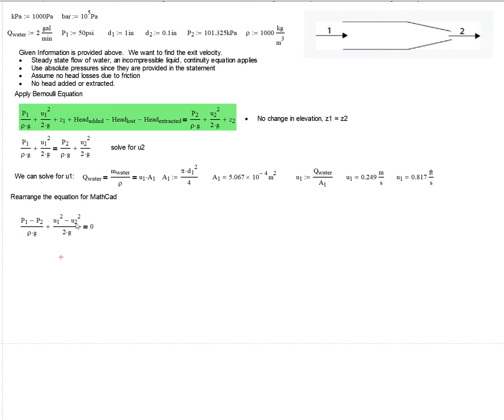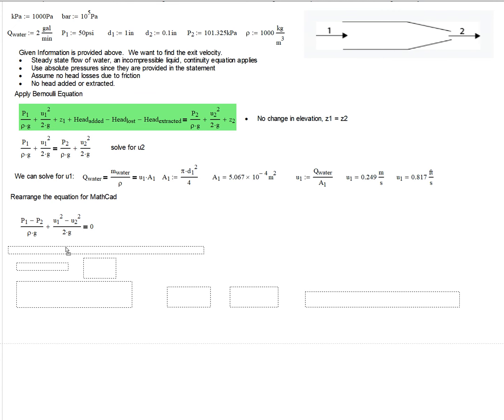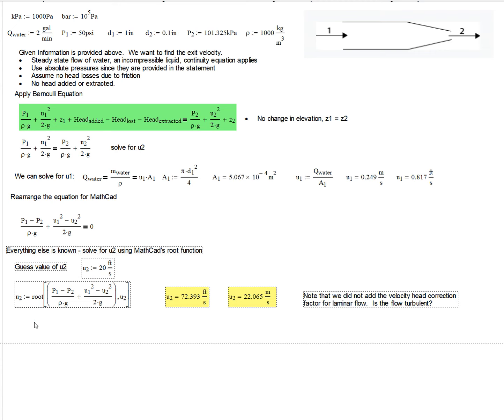This is a quadratic equation in terms of U2, and so if you're working this on pen and paper, you would need to rearrange this equation, get it in the quadratic formula, and then apply the quadratic equation, and you can solve for it. But we can do this rather quickly in MathCAD by just using the root function. To do that, we first enter a guess for U2, and so I put in 20 feet per second, and then I take this equation here.